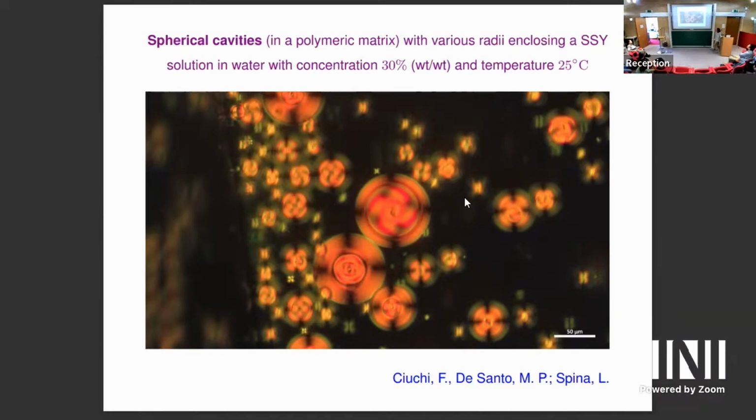And we see that unlike the classical nematics, the core enclosed by the ring occupies one half or more than one half of the spherical cavities. And it seems to be more detailed in structure.